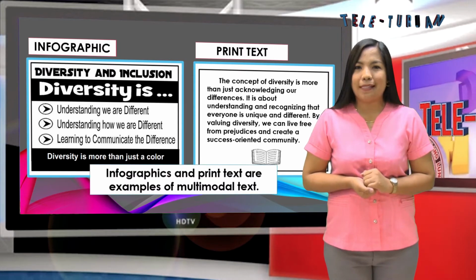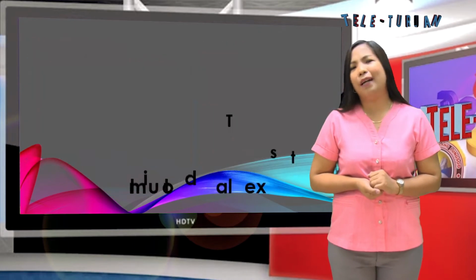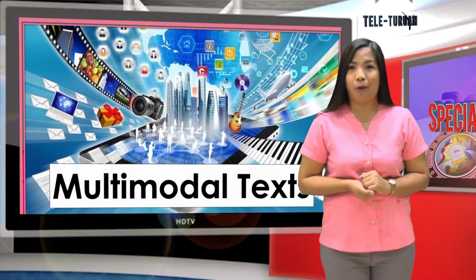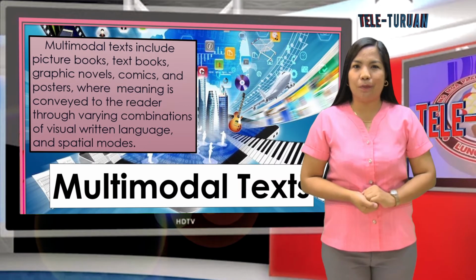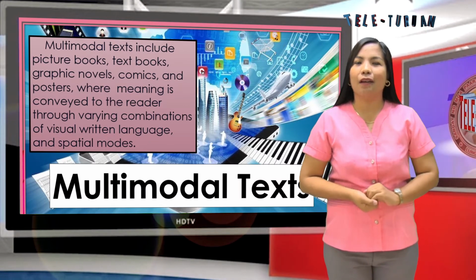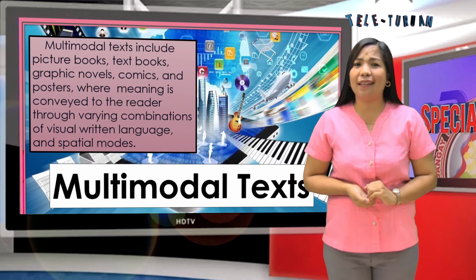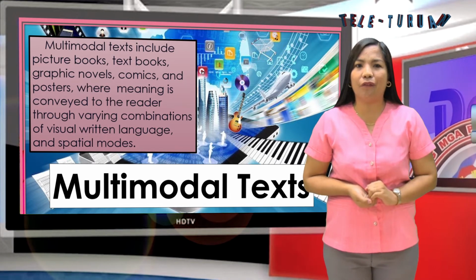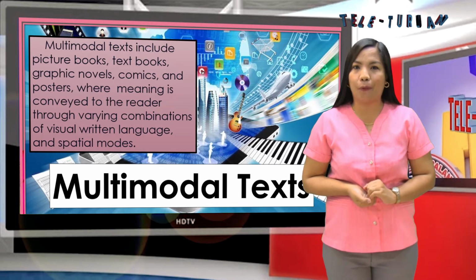Both infographics and print text are examples of multimodal text. But what is a multimodal text? Multimodal text includes picture books, textbooks, graphic novels, comics, and posters where meaning is conveyed to the reader through varying combination of visual written language and spatial modes.